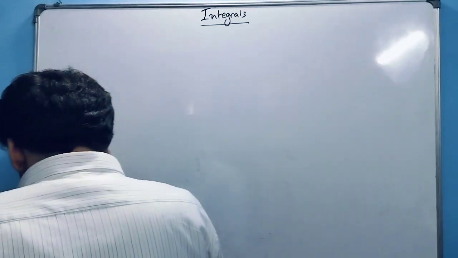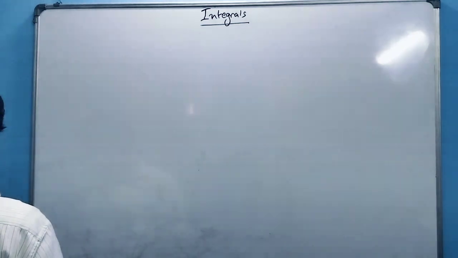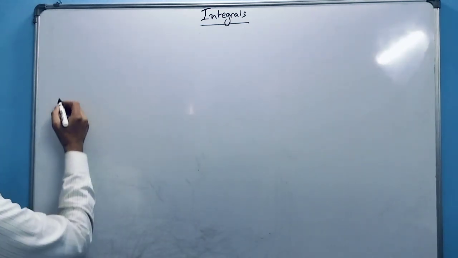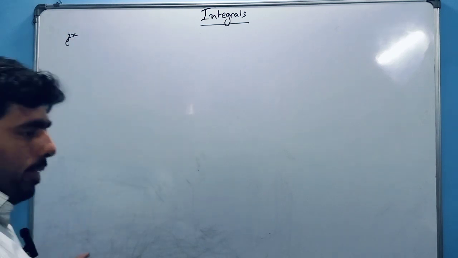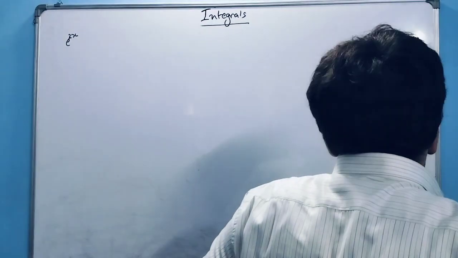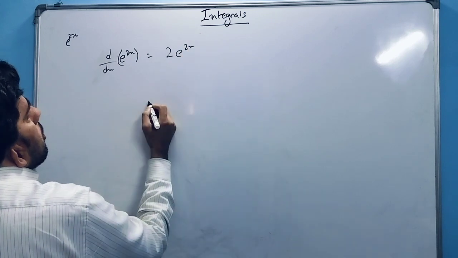Now we have the third question in my hand, that is to find the antiderivative of e to the power 2x. First we need to find the function whose derivative is e to the power 2x. Directly I can't do that, so differentiation of e to the power 2x will be 2e to the power 2x.